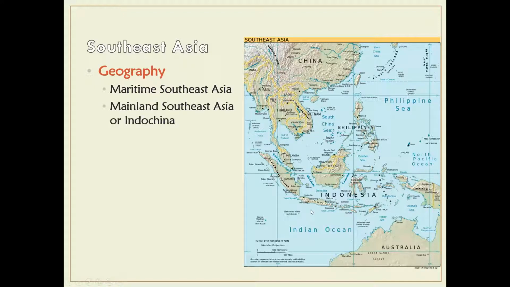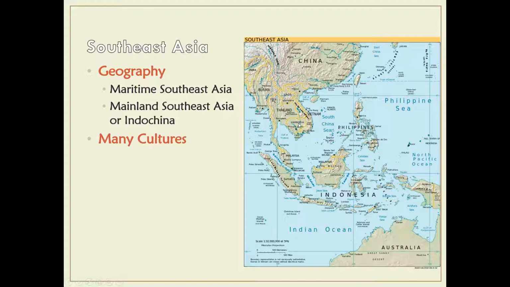And then you also have mainland Southeast Asia, or Indochina, which is Laos, Cambodia, Myanmar, Burma, Thailand, West Malaysia, and Vietnam. So basically, maritime means it's at sea, and then mainland Southeast Asia, as it was known for centuries, Indochina. And the reason it was known as Indochina is because it was right in between India and China, hence Indochina.